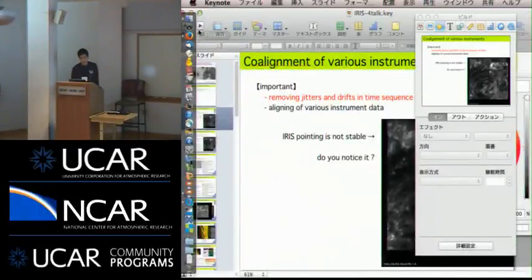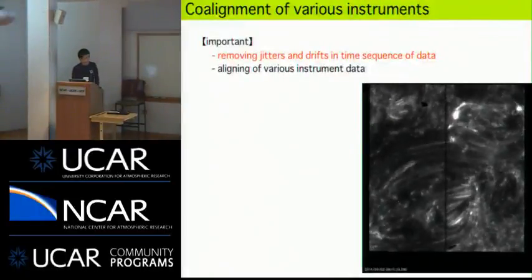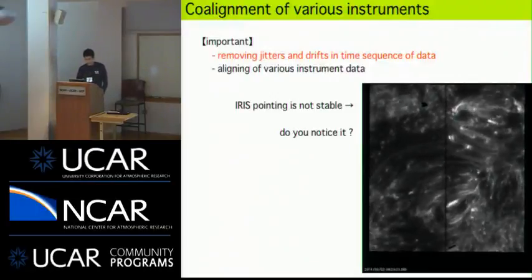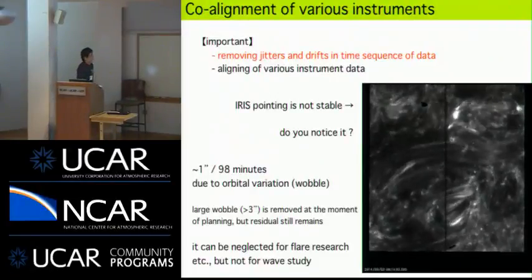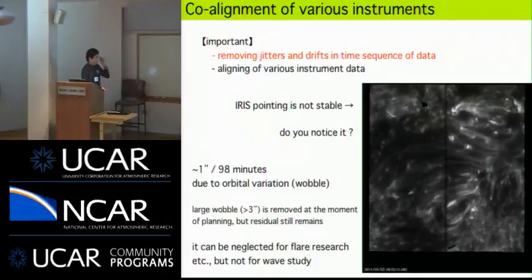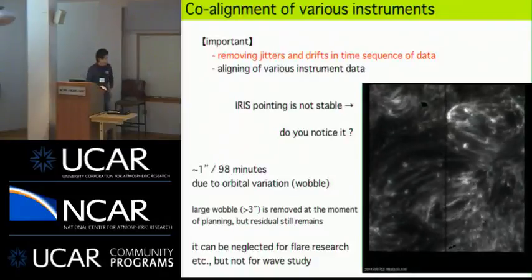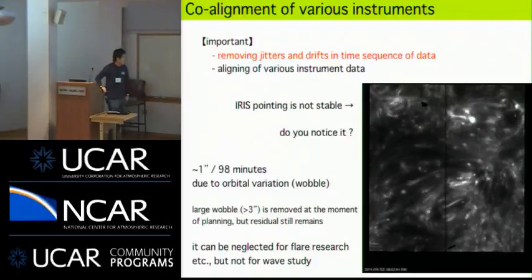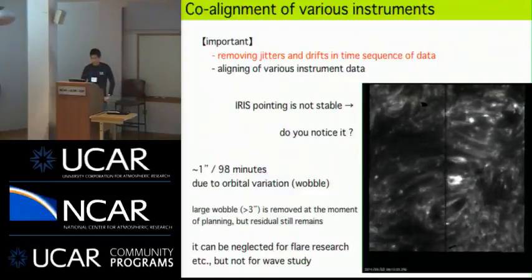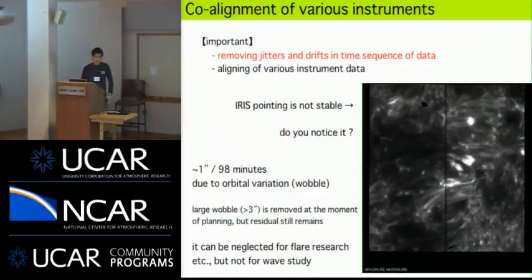So such kind of drift can affect the research work. But the maximum drift is 1 arcsecond in 98 minutes, which is one orbit of a satellite.